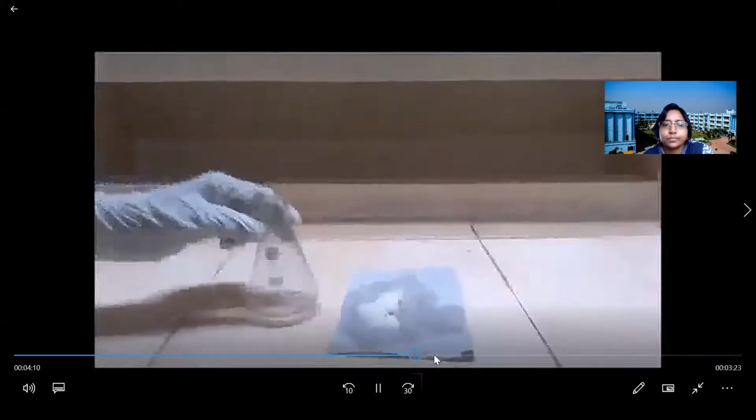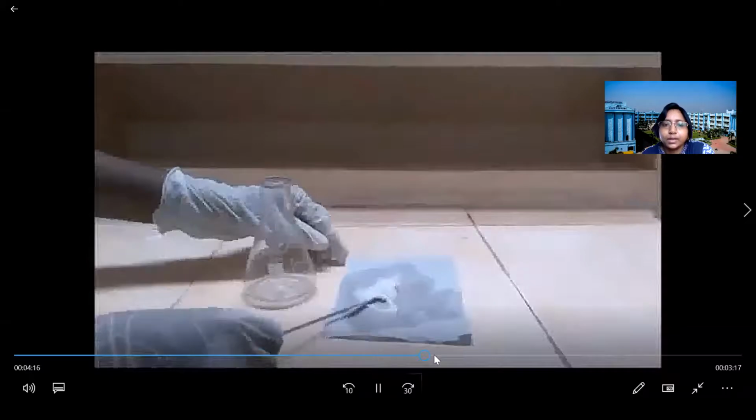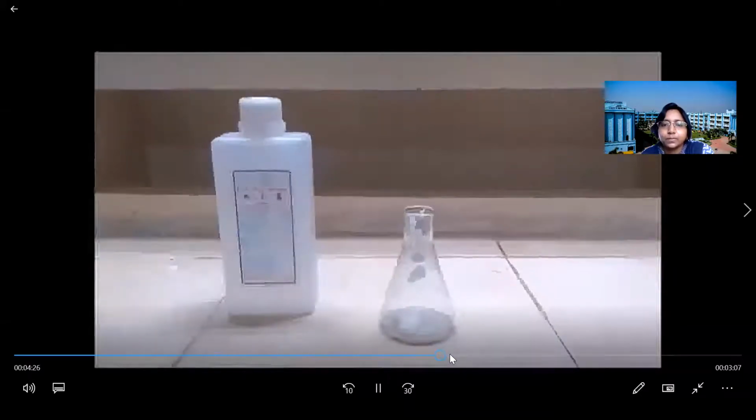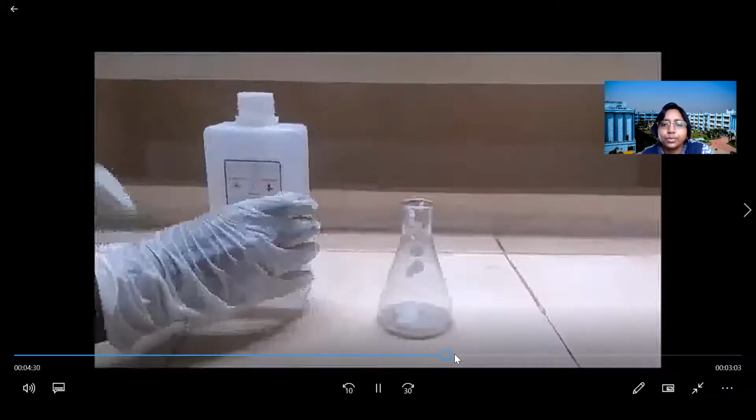Then we have to wait until the completion. Then this filtrate is taken in the conical flask and the solution added with measuring cylinder.